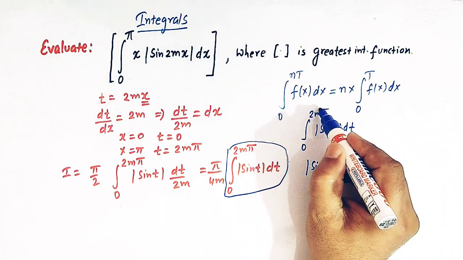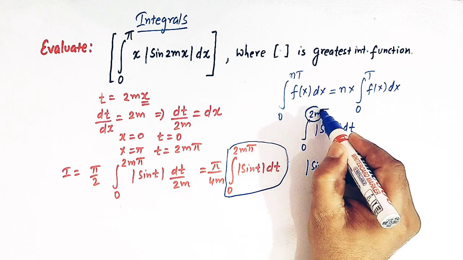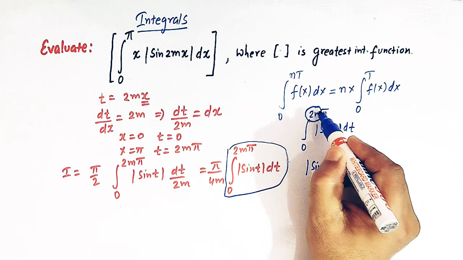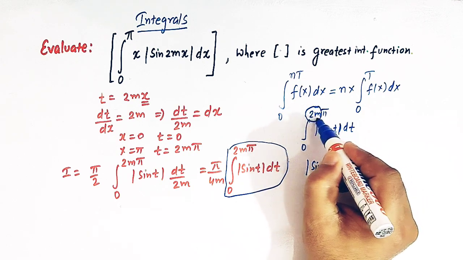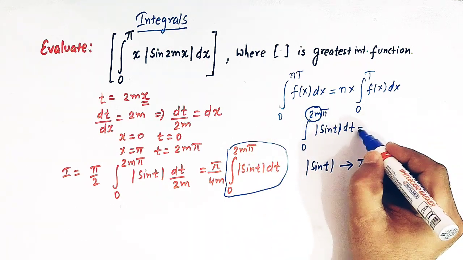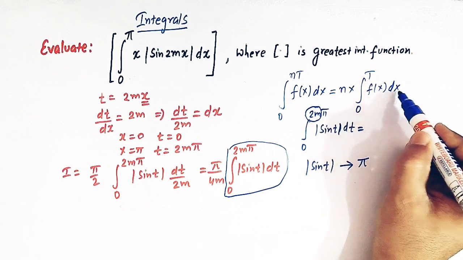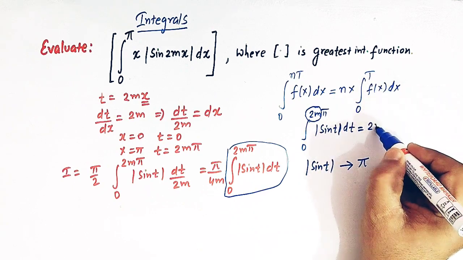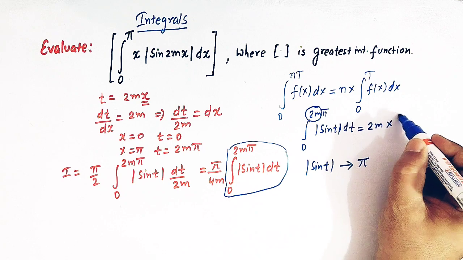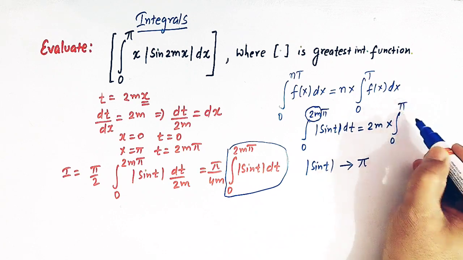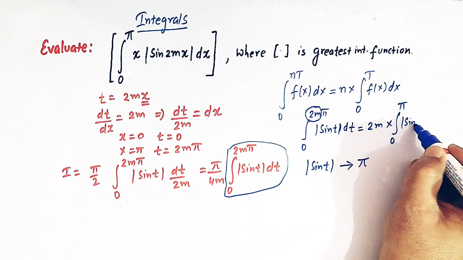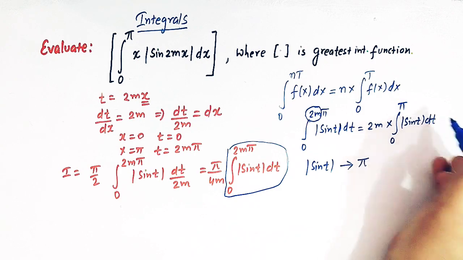Here we have the term 2m, which is some integer. So due to this property, n times 0 to T f(x) dx, here we have 2m multiplied by the integral from 0 to pi of mod of sine t dt.